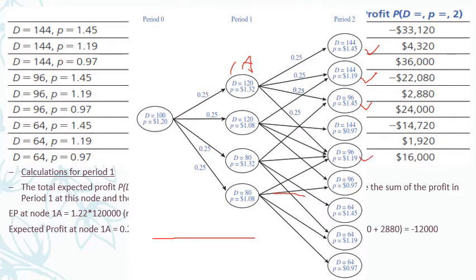This is the 4th. Where are these 4 nodes? 144 and 1.45, first node. 144 and 1.19, second node. 96 and 1.45, where is it? It is here. And then 96 and 1.19, where is that? These are the 4 nodes.